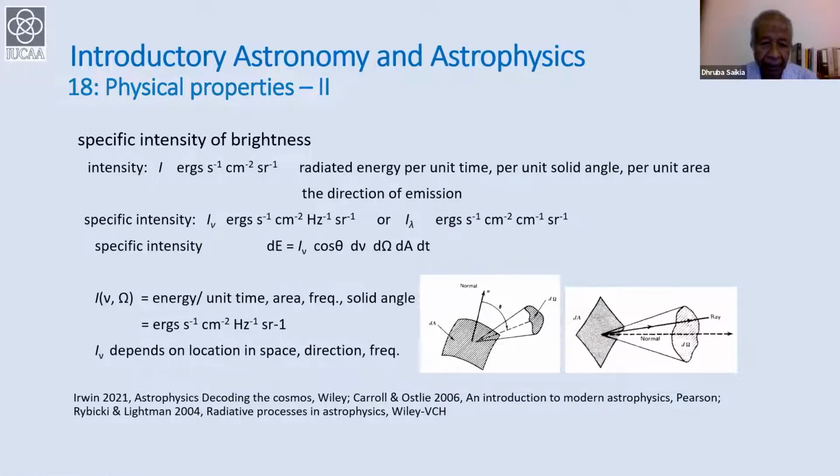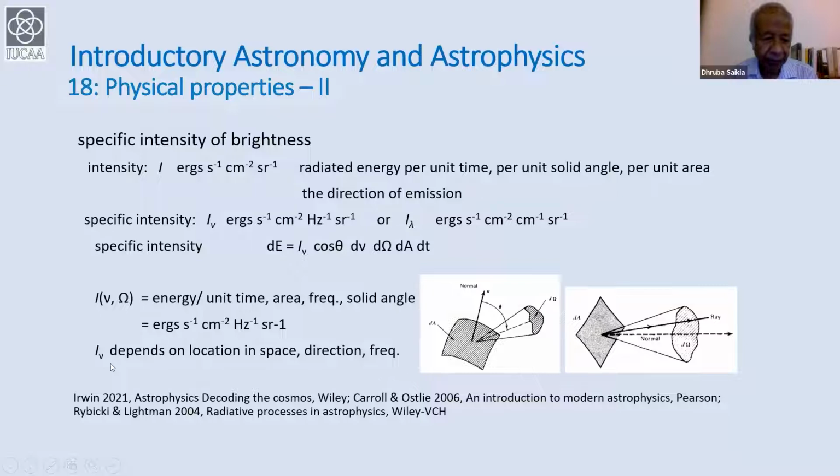Taking that area inclination into account, your specific intensity for frequency is energy per unit time, per unit area, per unit frequency, per unit steradian. Okay, that's ergs per second per centimeter squared per hertz per steradian.